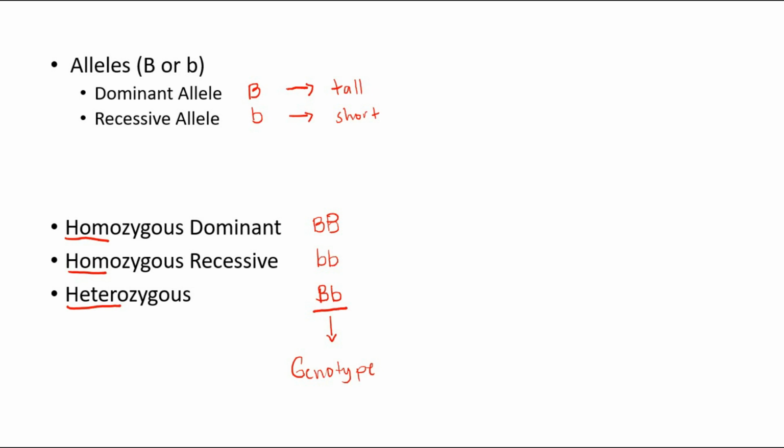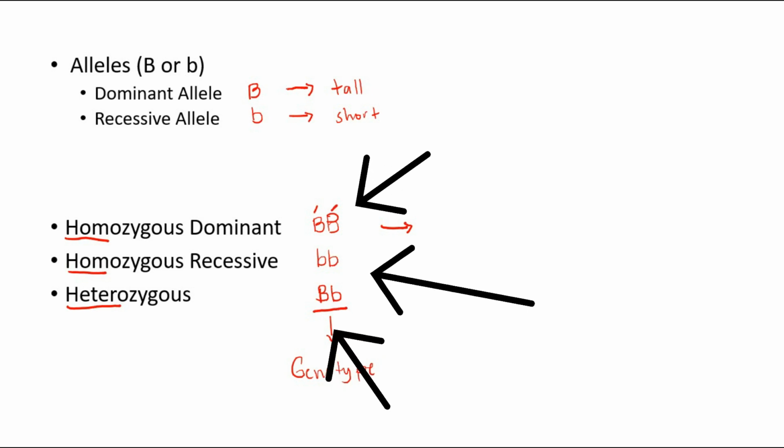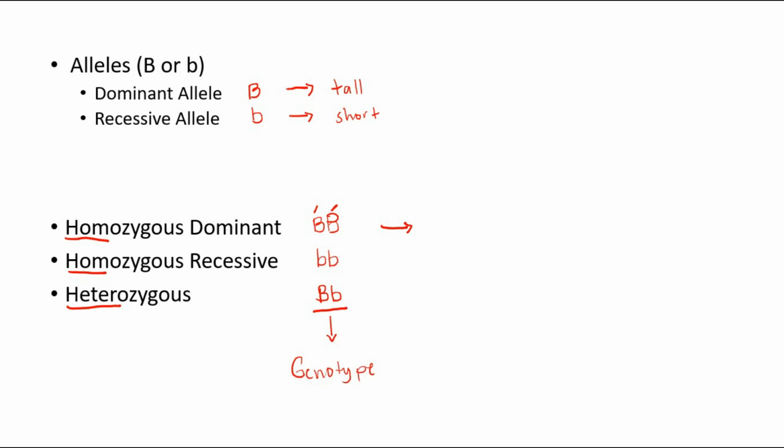Okay, now if we're going to interpret this genotype, we will be able to come up with a physical trait. So for example, you will have here the homozygous dominant. When you say homozygous dominant, it means you have two capital letters. So since you have two capital letters, the first capital letter means tall and the second capital letter means tall. Therefore, these offspring, oh by the way, these are the possible offspring of the parents.